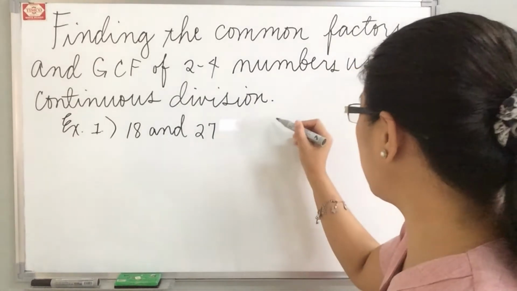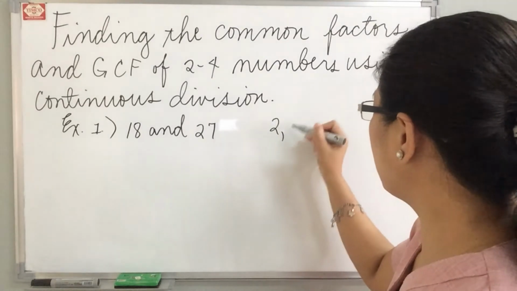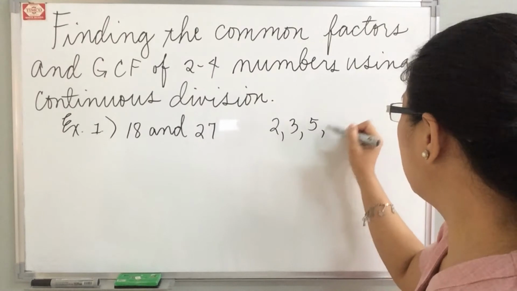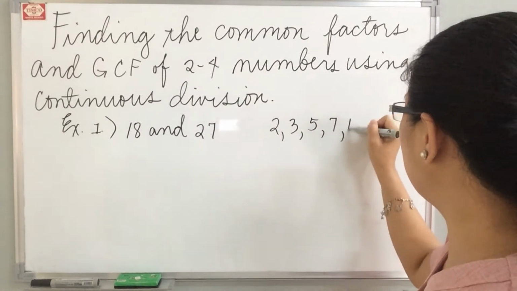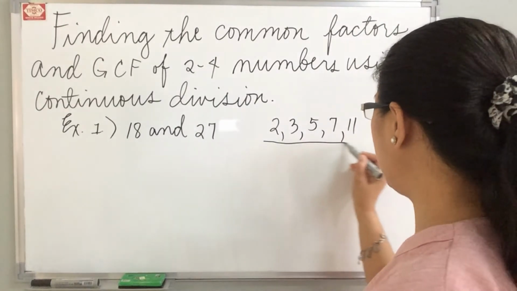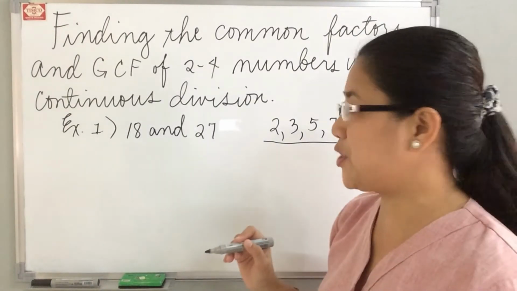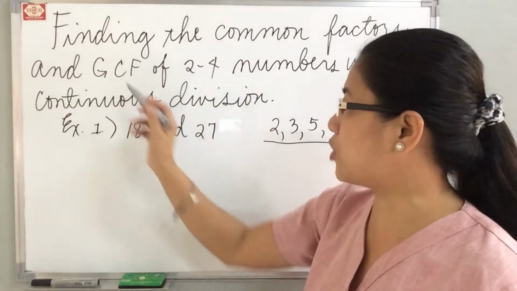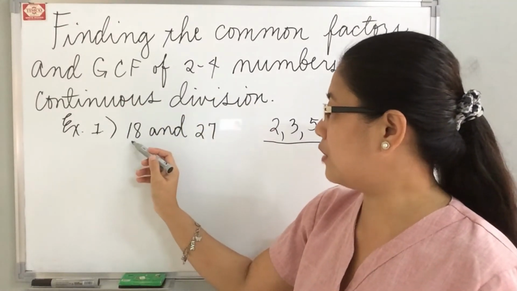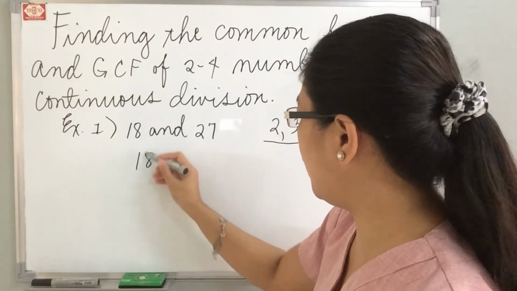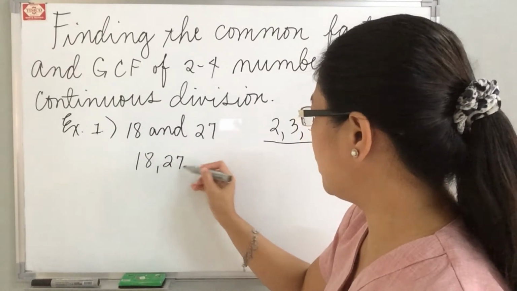So we have 2, 3, 5, 7, and 11. These prime numbers here will be used as our divisors in order for us to find the common factors and the greatest common factors of the following numbers. So let's write 18 and 27 horizontally.